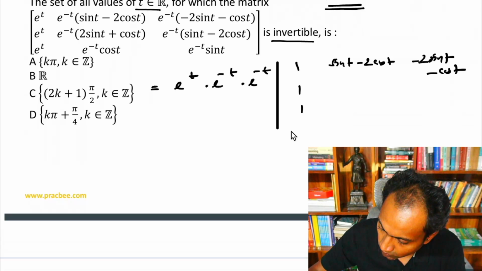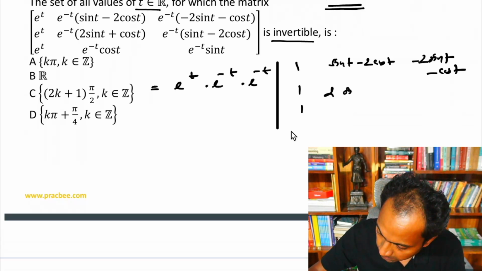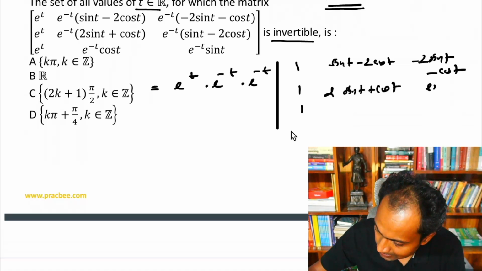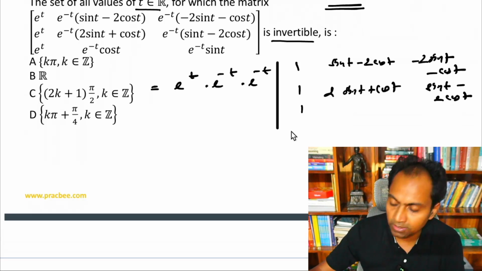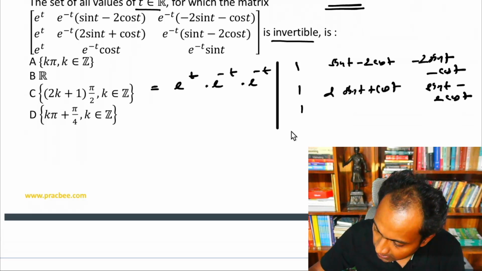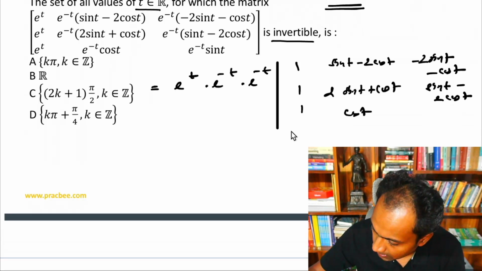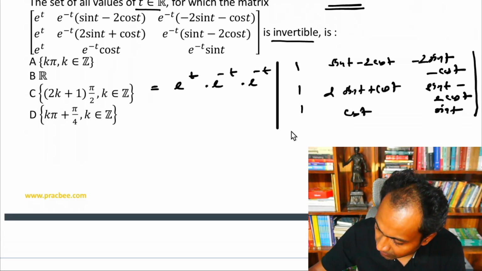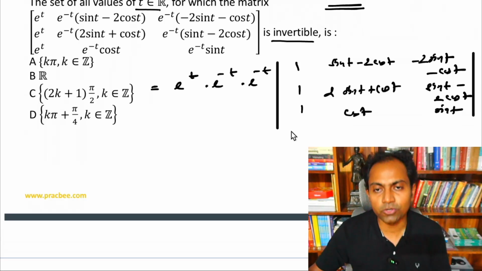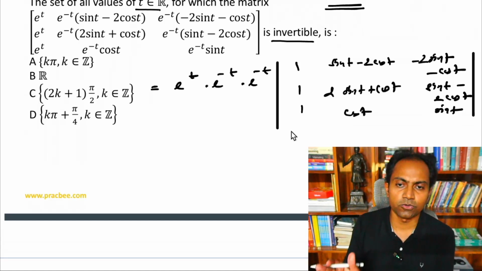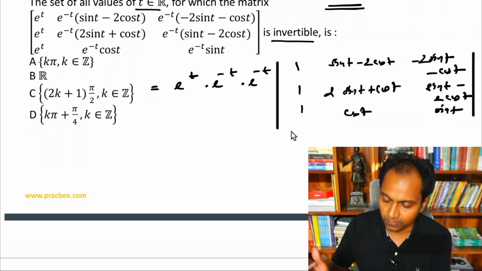Then in the next row, we have 2 sin t plus cos t and sin t minus 2 cos t. And ultimately in the third row, we are left with nothing but cos t and sin t. We will simplify this and check what values of t will actually be not equal to 0. For those values of t, it will become invertible.